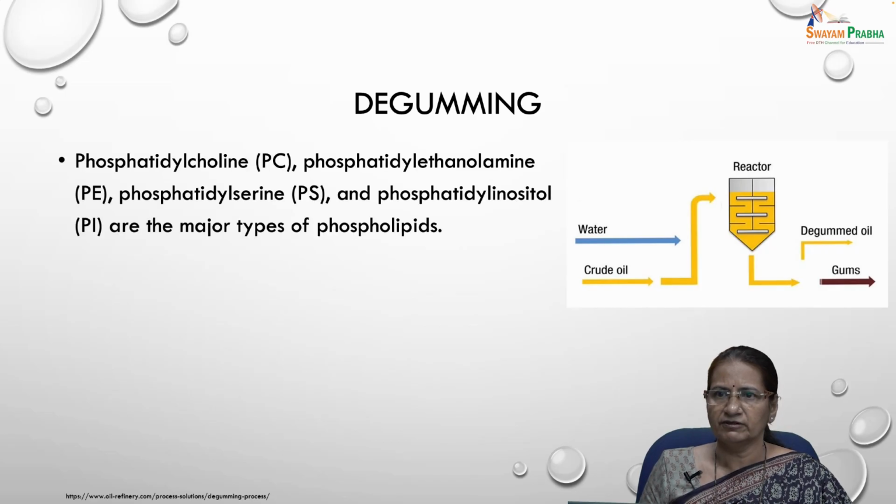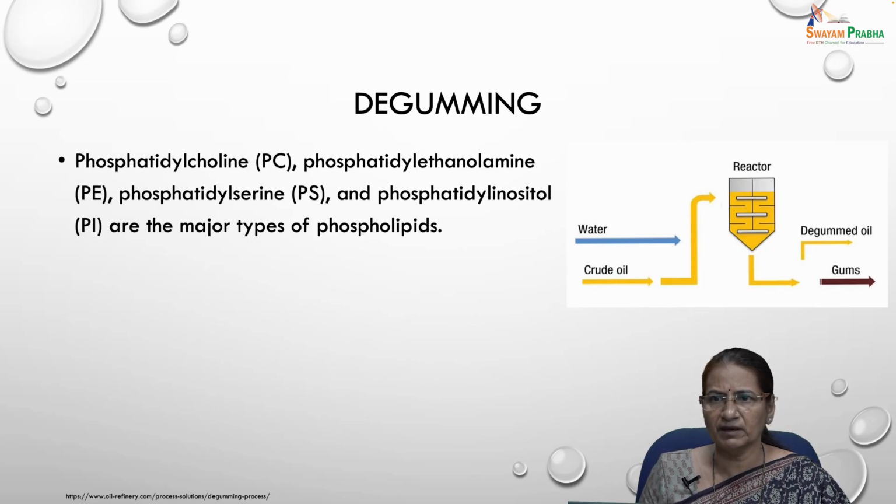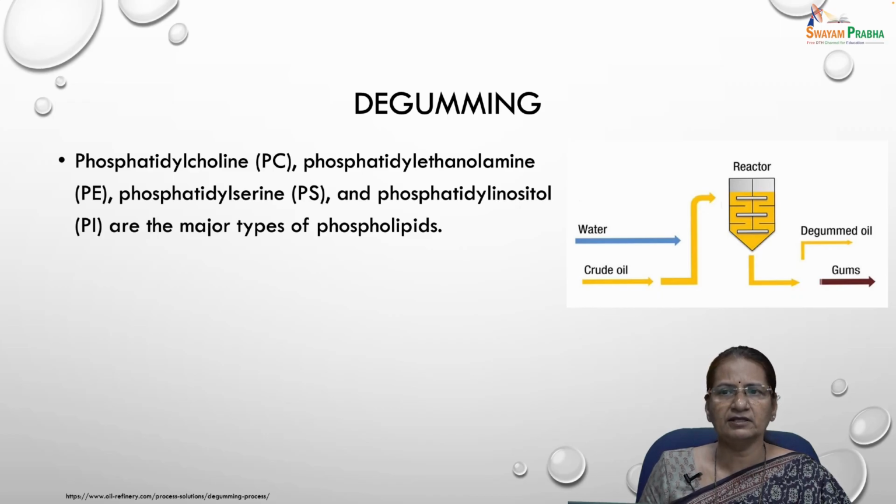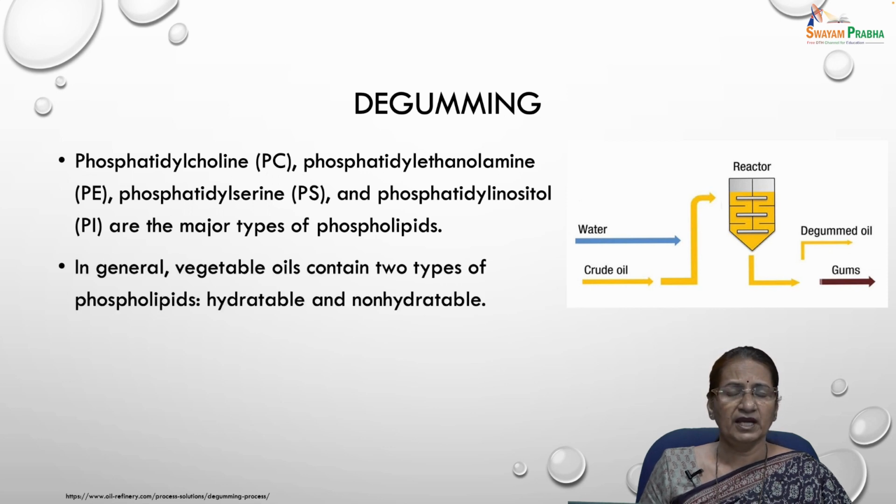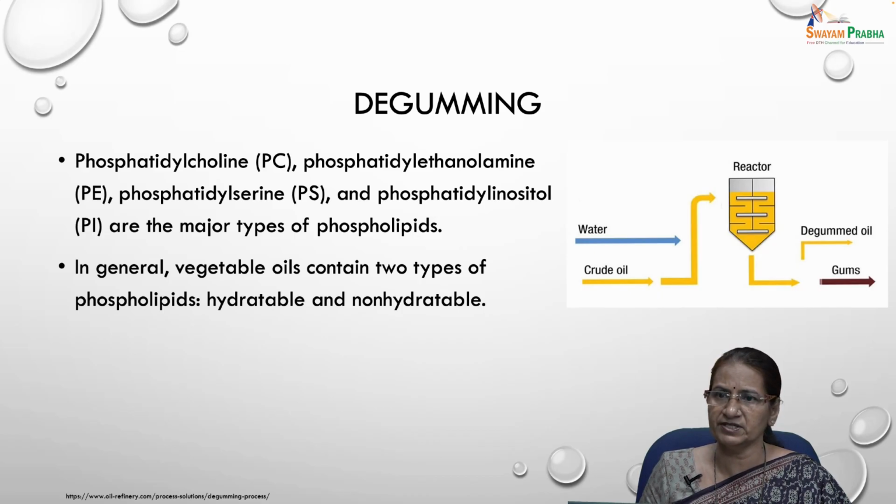Phosphatidylcholine, phosphatidylethanolamine, phosphatidylserine and phosphatidylinositol are the major types of phospholipids. In general, vegetable oils contain two types of phospholipids, hydratable and non-hydratable.